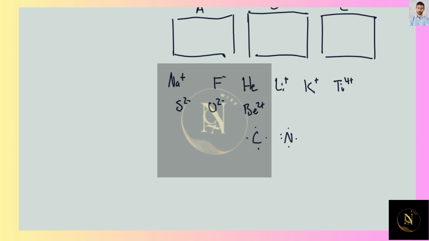So neutral nitrogen goes to nitrogen plus with 4 electrons and a floating electron. Now nitrogen with its 4 valence electrons, just like carbon, would be considered isoelectronic with carbon because it contains the same number of valence shell electrons and they neighbor each other on the periodic table.